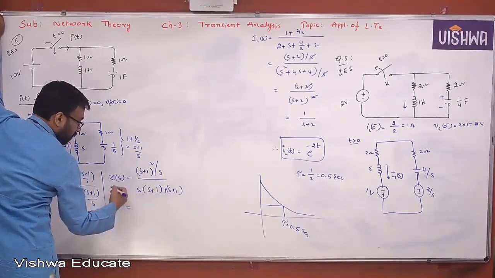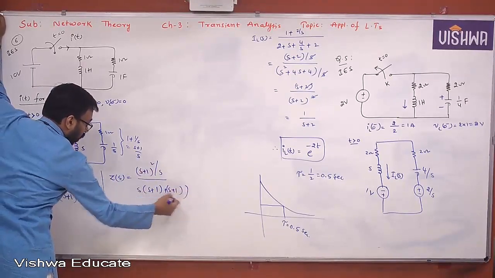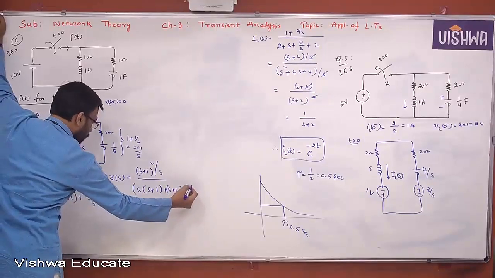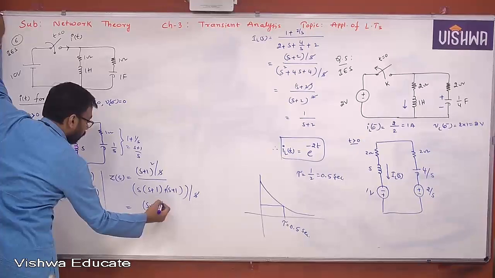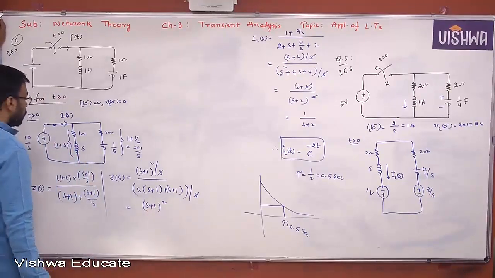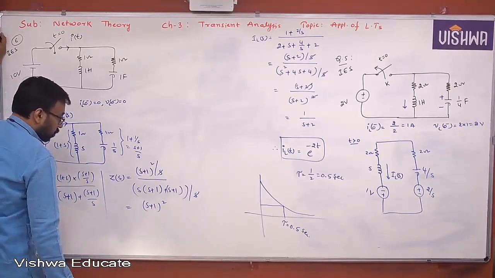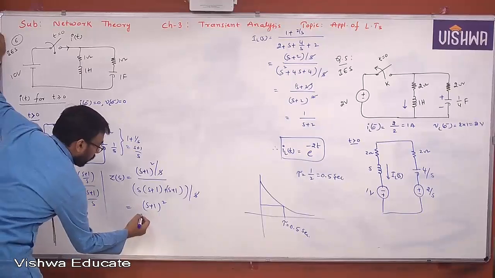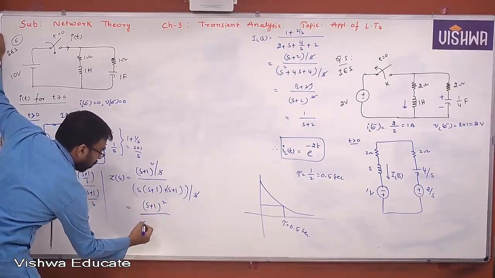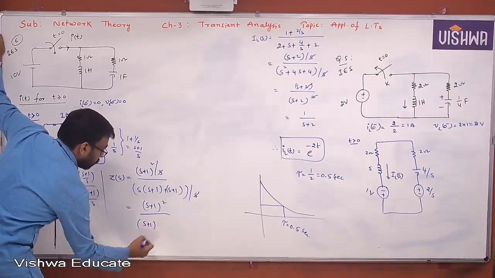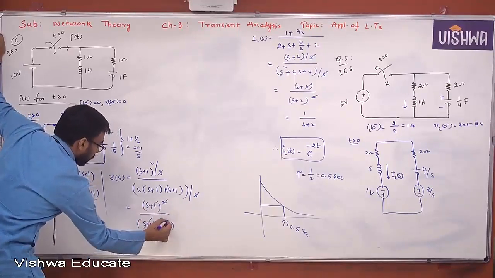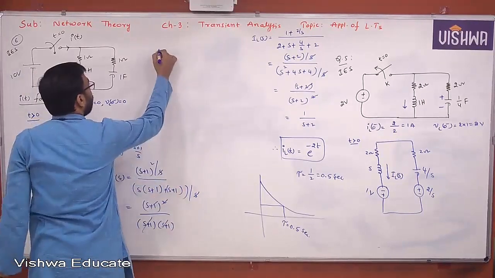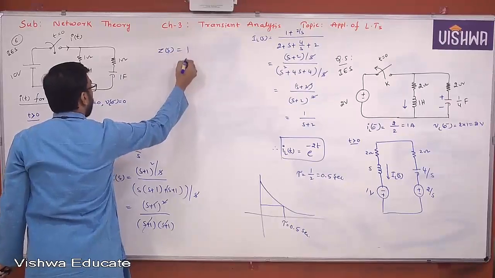So if you take S plus 1 common, both divided by S again, so this will get cancelled. S plus 1 whole square by S plus 1 whole square by, what do you get? If you take S plus 1 common, again you get S plus 1. So it got cancelled completely. So Z of S you will get 1.